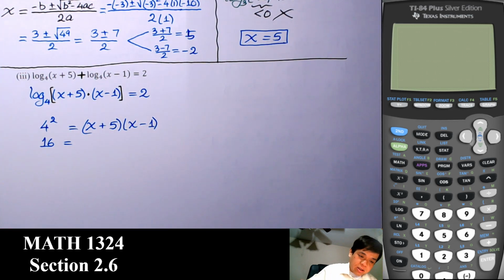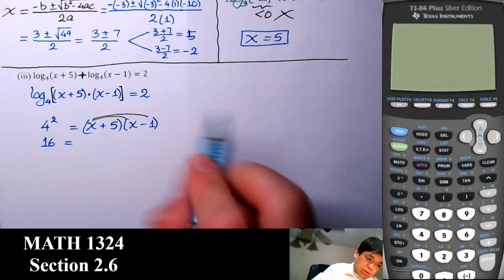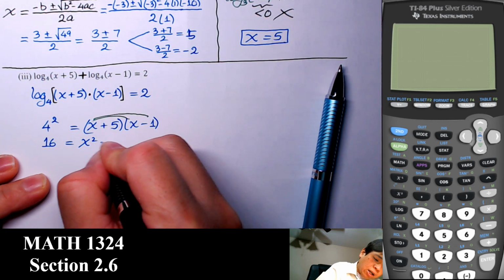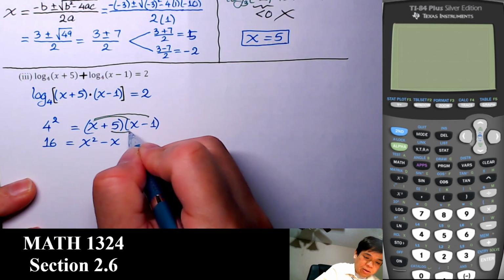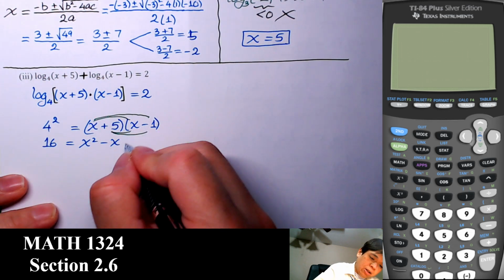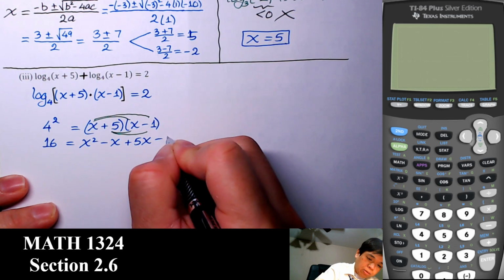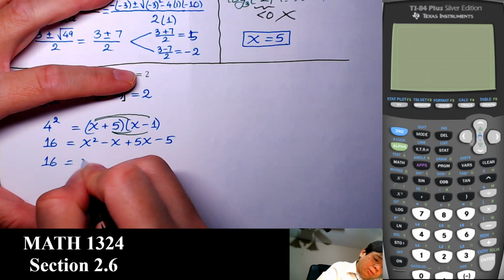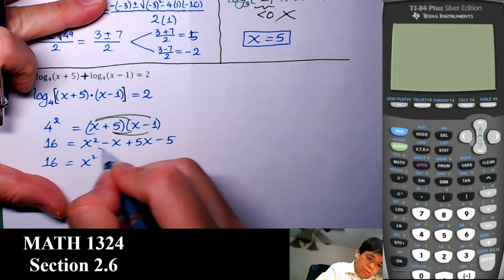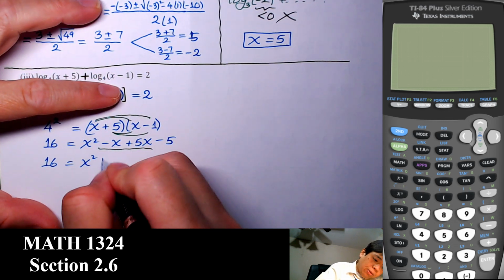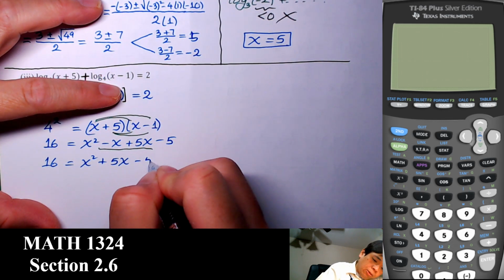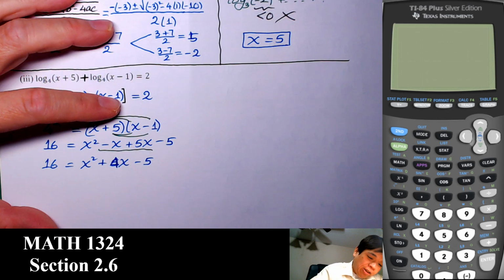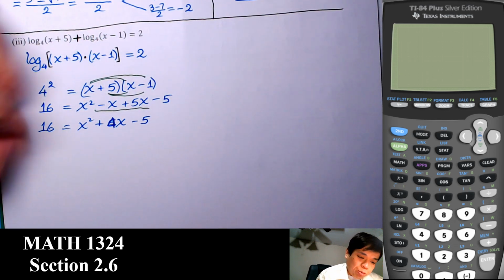Now we multiply that. x squared minus x plus 5x minus 5. Combine like terms. 5 minus 1 is 4.